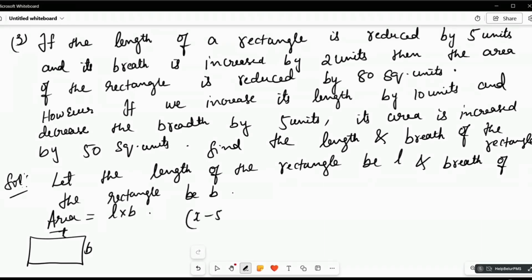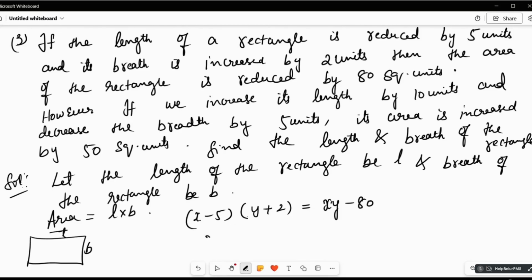X minus 5 into y plus 2 is equal to x square minus 8. Correct. This equation I was asking. Ma'am, what about the second one? Simplify this equation, you'll get the answer I told you. Okay, fine. I thought you were telling this equation. That's why I asked.